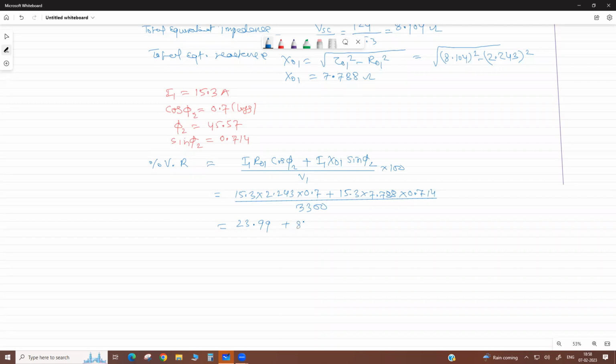It comes 85.077. Divide by 3300, and as a percentage you multiply with 100.